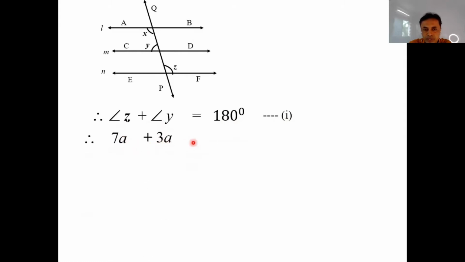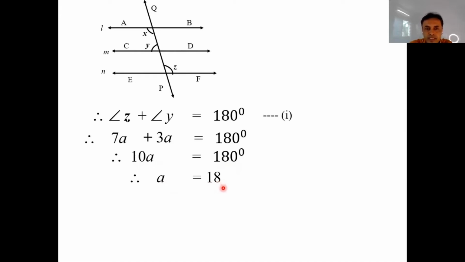So 7A plus 3A is equal to 180 degree. Naturally 7A plus 3A becomes 10A, so 10A is equal to 180 degree. Therefore A is equal to 180 divided by 10, which means 18. So the value of A becomes 18, which is the multiplying factor.